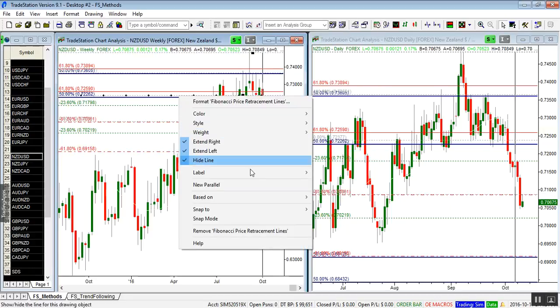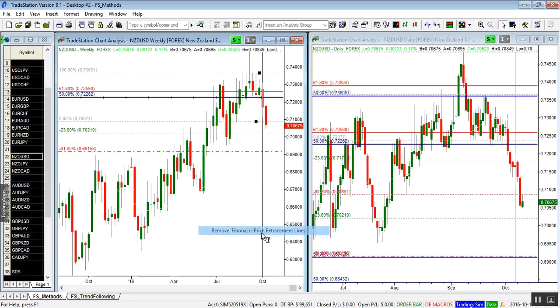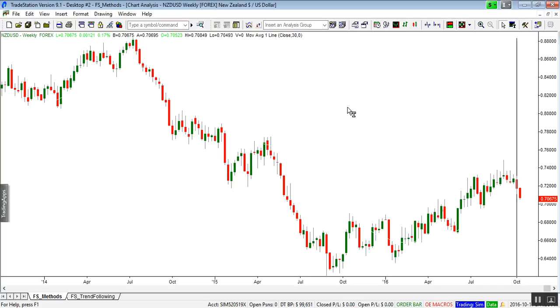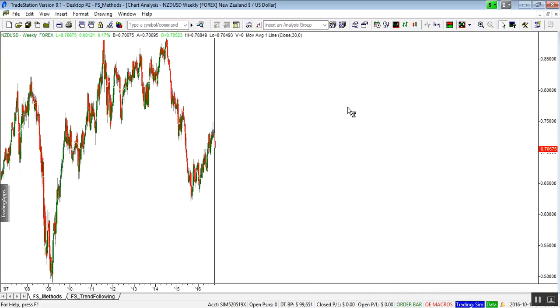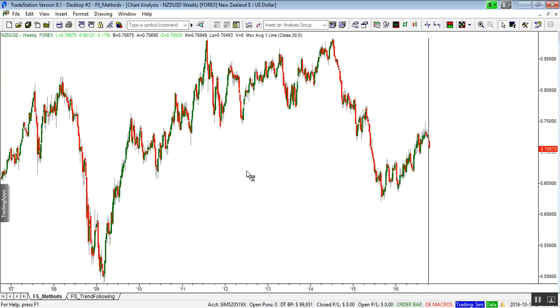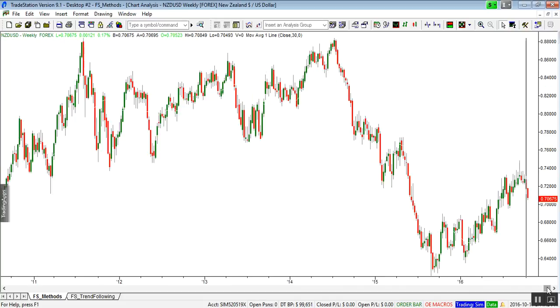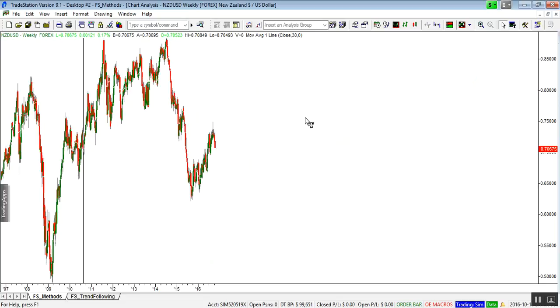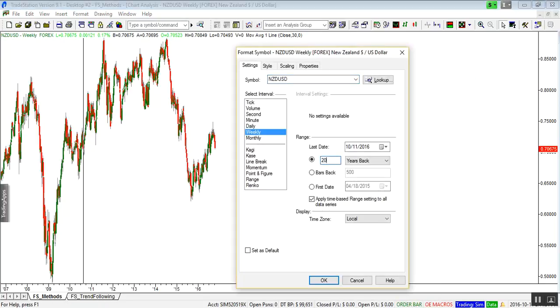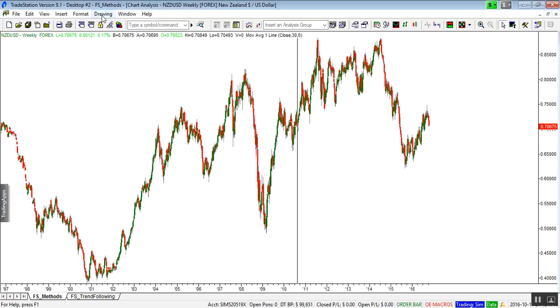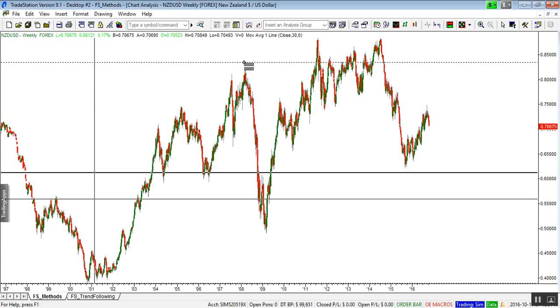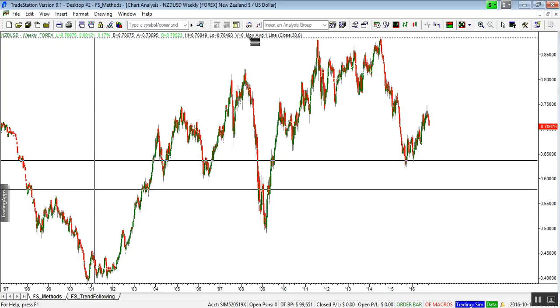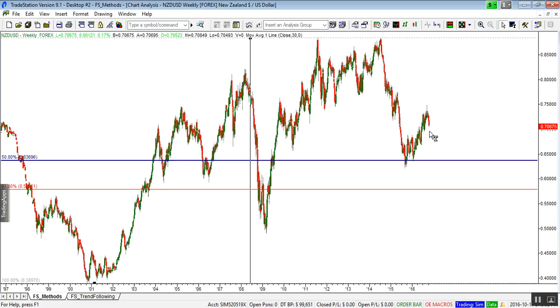Going to remove these previous levels I've traced here, and I'm going to start reviewing this market on the weekly time frame. What is important to note in this time frame, differently from the Australian dollar US dollar, is that this market has recently traded a 50% level, an important 50% level that happened in 2015, and that's the reason why we saw this brief move higher here.